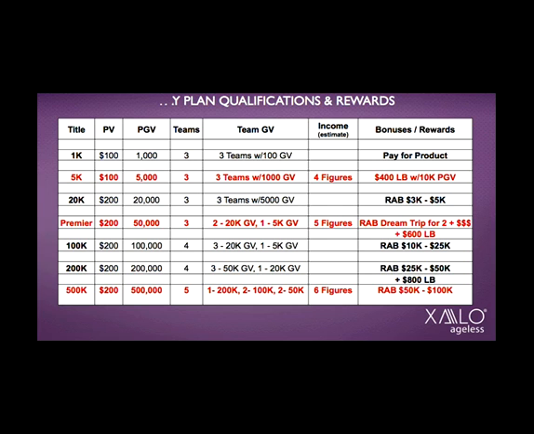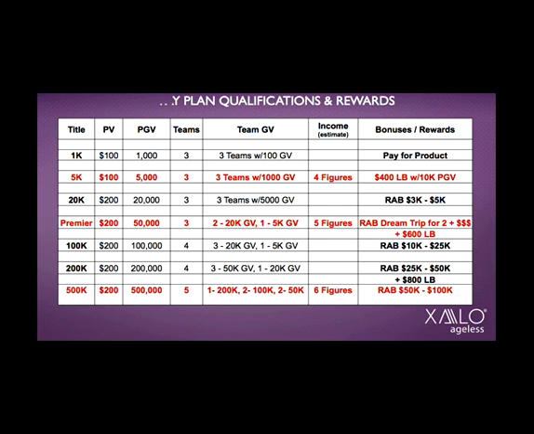Now a Premier gets the full 9 levels of our compensation plan. The Premier also gets to share in a global bonus pool of all the volume of all the products sold anywhere in the world by any distributor. You get a piece of that at the Premier level and above. So at this level, it's a 5-figure average income.